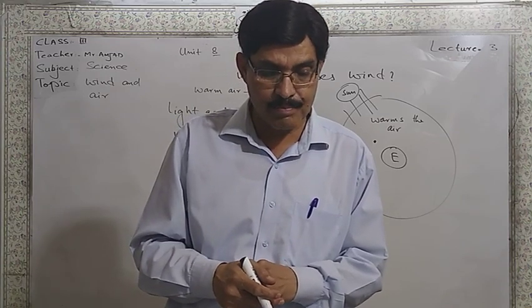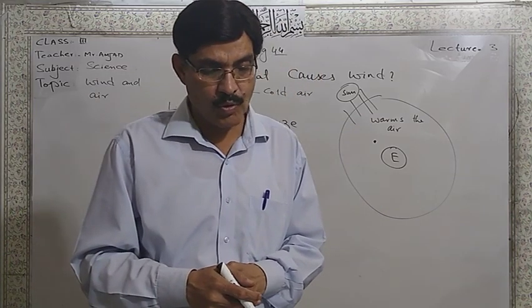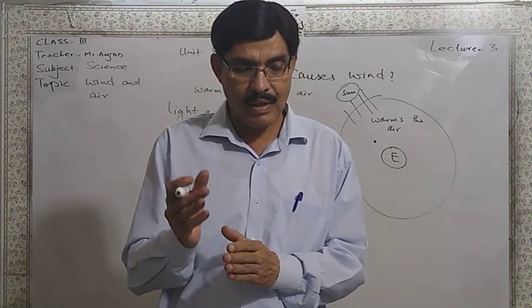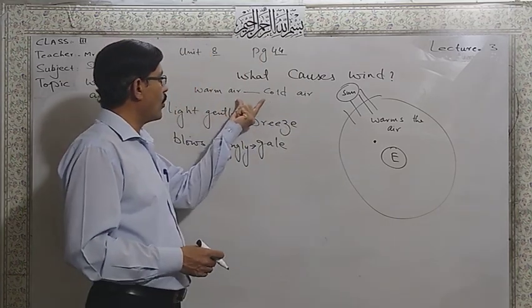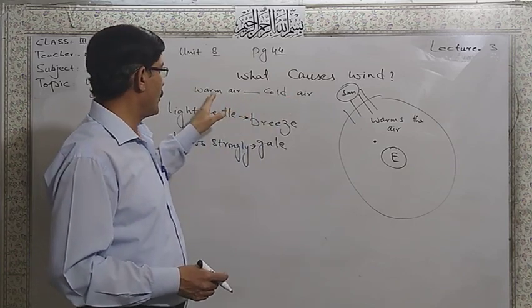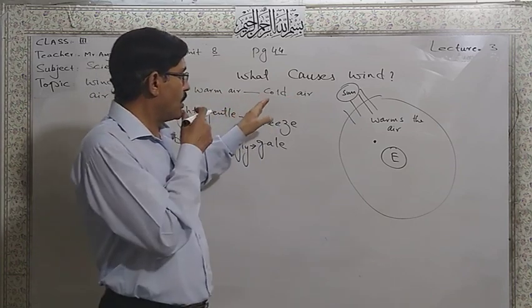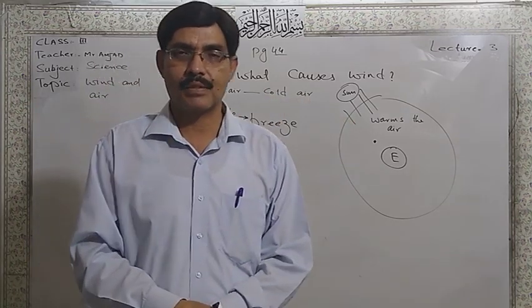When warm air rises, its place is taken by cold air. This happens all over the earth. When this happens, winds begin to blow. This is the combination of warm air and the cold air. When warm air rises and cold air takes its place, then we have got the wind situation.